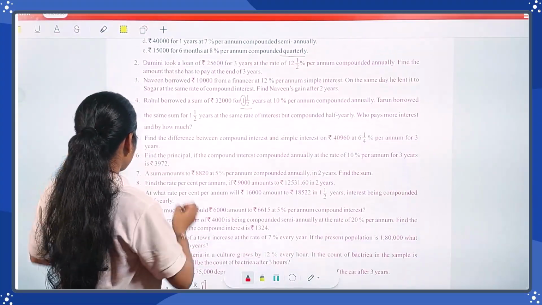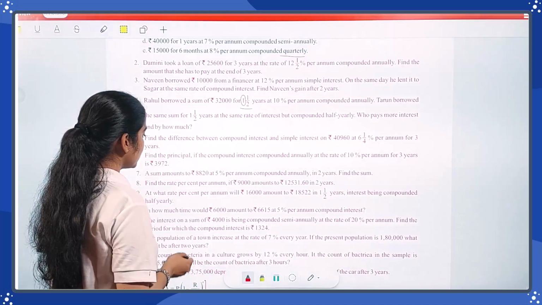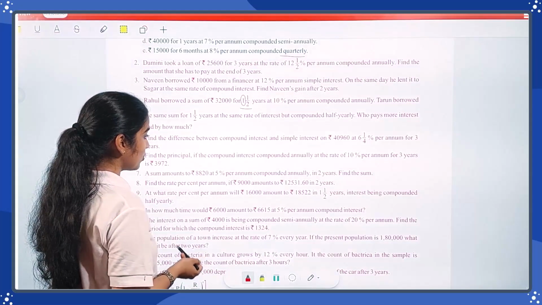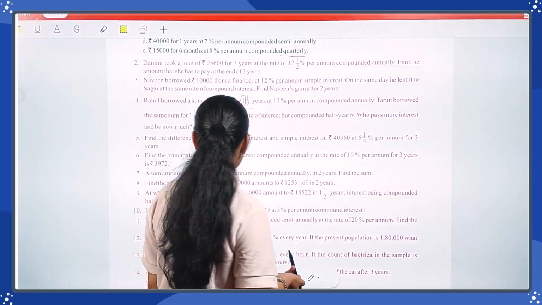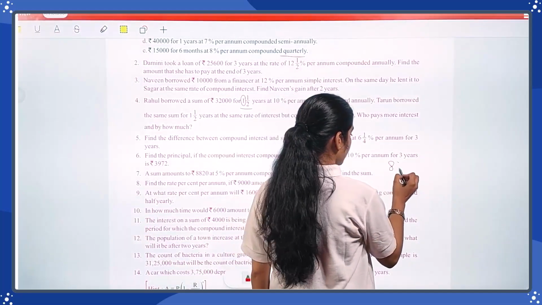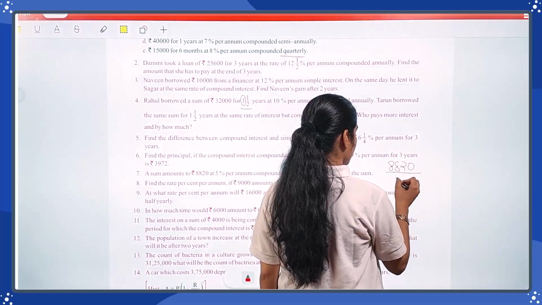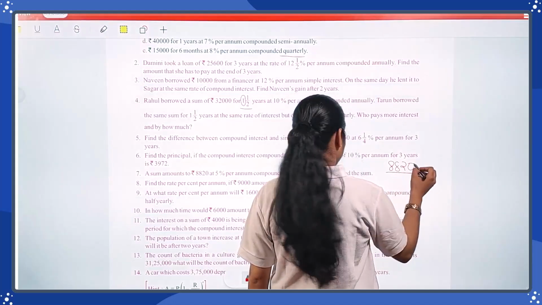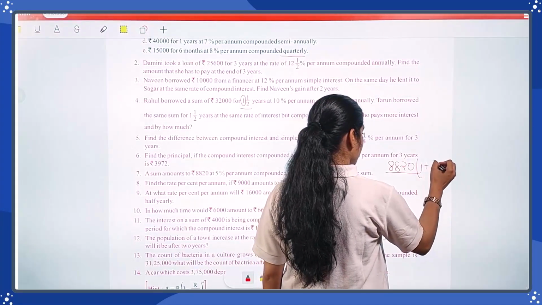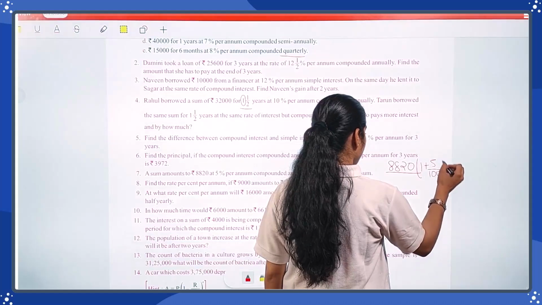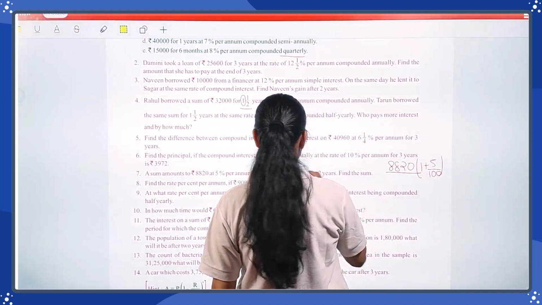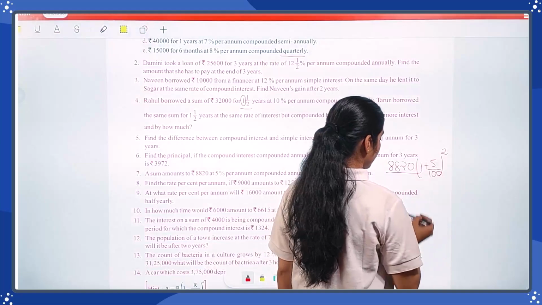Next we have a sum that amounts to 8,820 at 5% per annum compounded annually in 2 years. Find the sum. 8,820 equals the sum times 1 plus 5 upon 100, for 2 years annually.